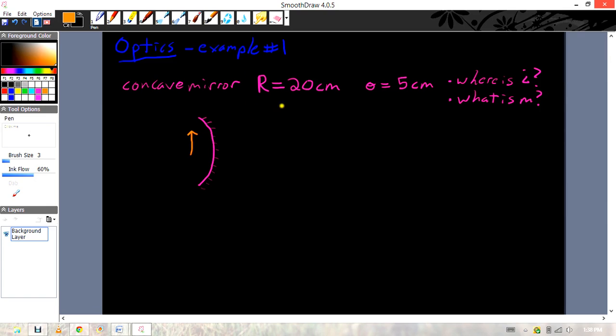Recall that the radius of 20 centimeters means that the focal length, of course, is half of that. So the focus will be here. The object will be here.